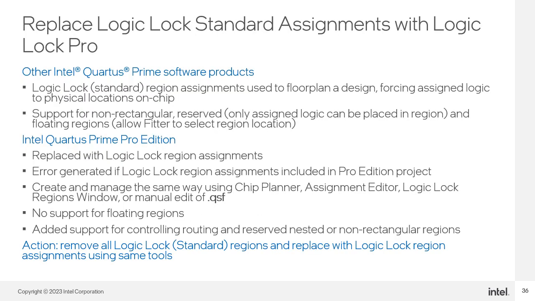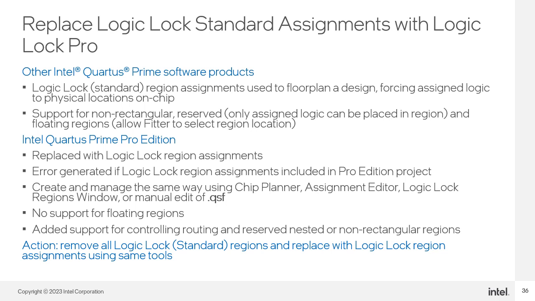The next required assignment changes are needed if you are using Logic Lock to floorplan your design. With Logic Lock, you create physical regions on the chip and assign logic to each region. Logic assigned to a Logic Lock region will always be placed by the fitter in that region. In other Intel Quartus Prime software products besides the Pro Edition, Logic Lock regions can be non-rectangular through the merging of multiple regions.